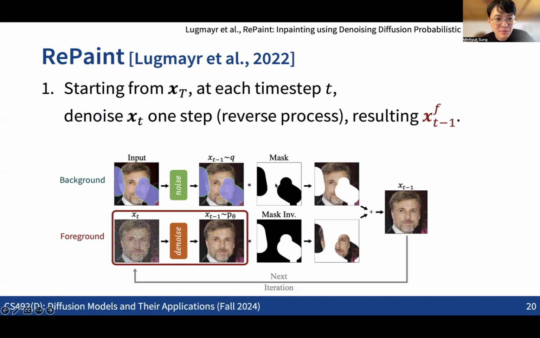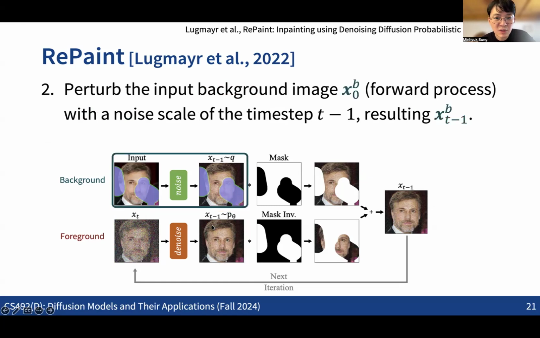Again, for the foreground region we start from X capital T and at each time step denoise one step to get x_{t-1}. For the background region, we run the full forward process starting from x0 so that we get x_{t-1} for the background.